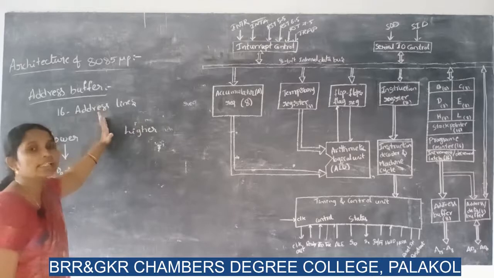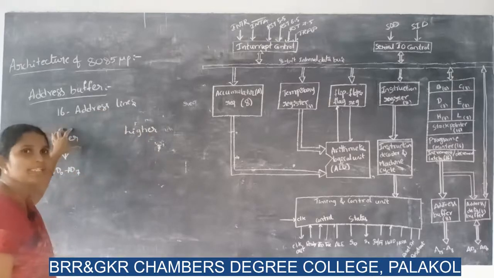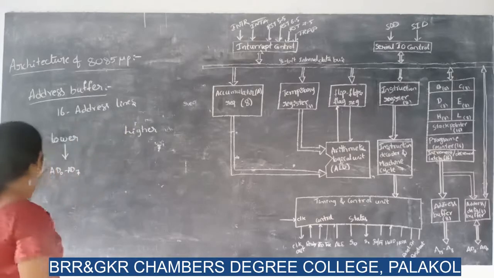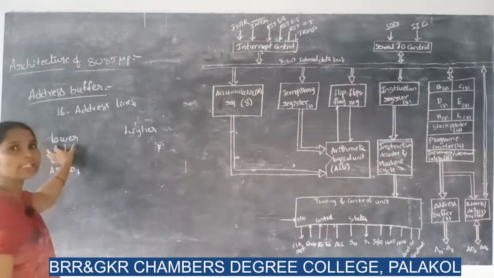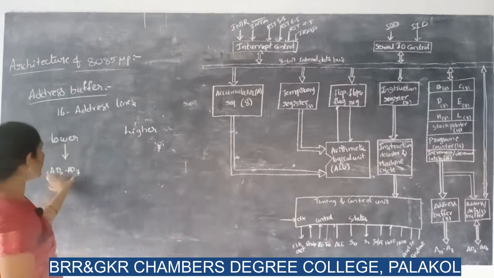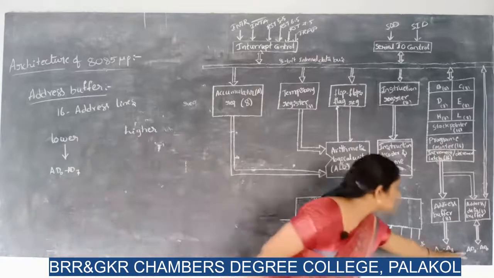An 8085 microprocessor has 16 address lines, divided into two parts: the lower order address lines and the higher order address lines. The lower order address lines are multiplexed, that means combined with the data lines, and form AD0 to AD7.